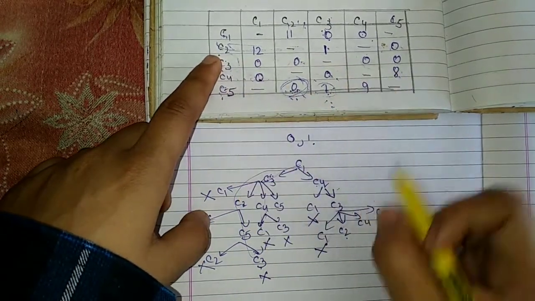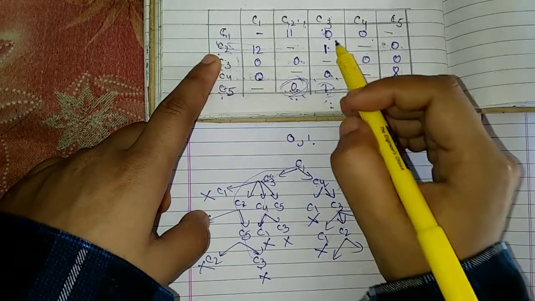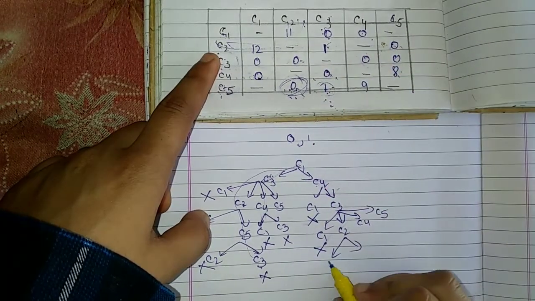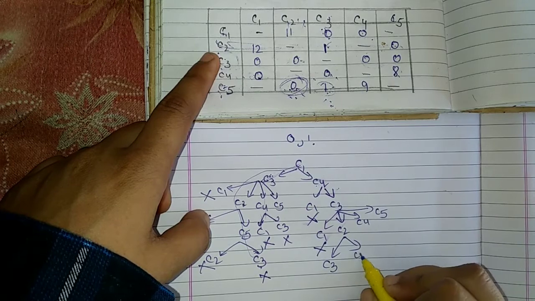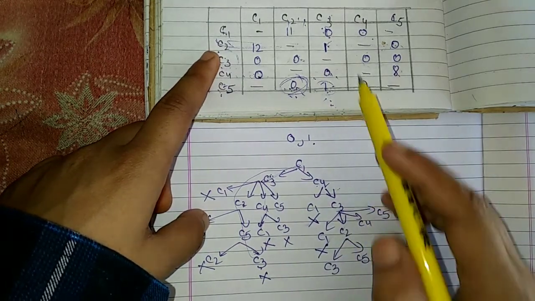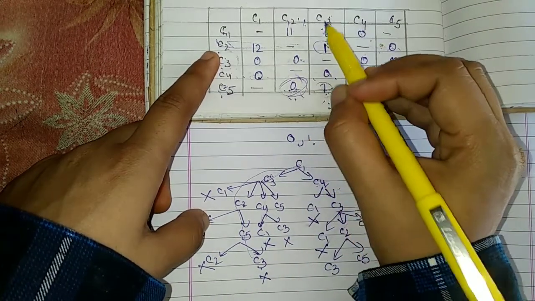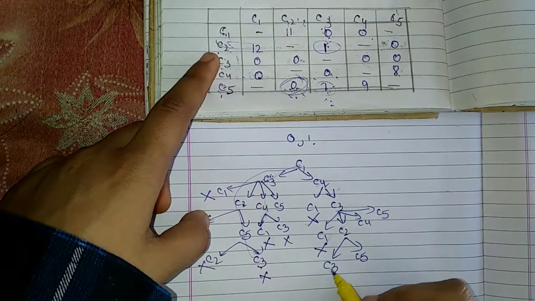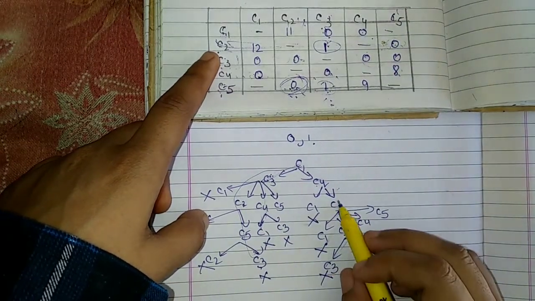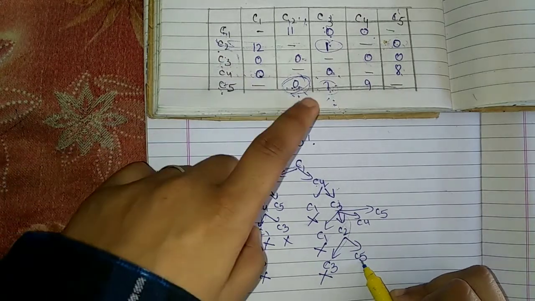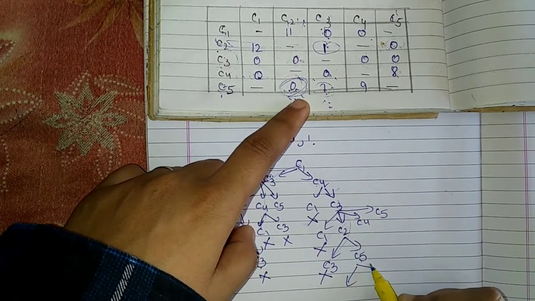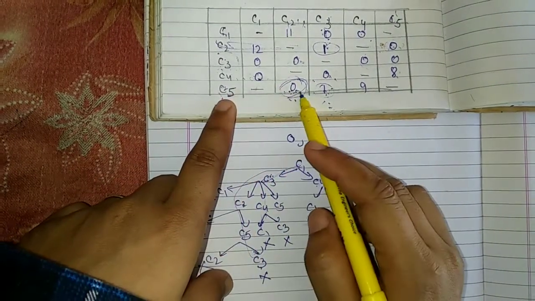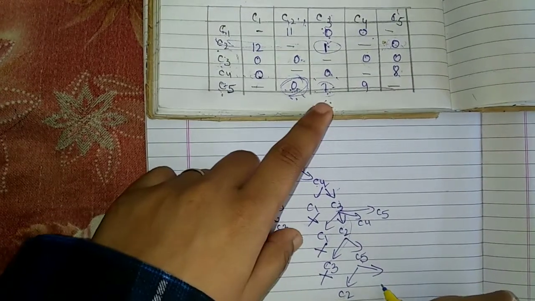C2, C3 and C5. C3 is unfavorable because it is already covered here. C5 at C2 and C3.